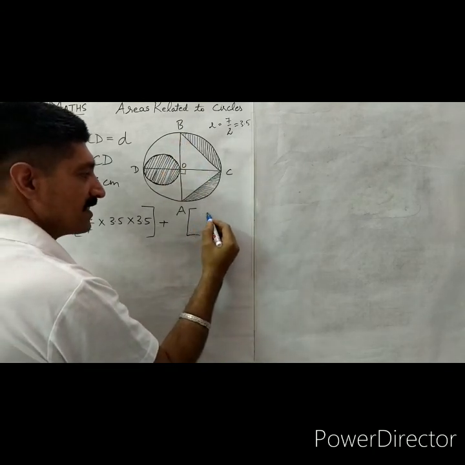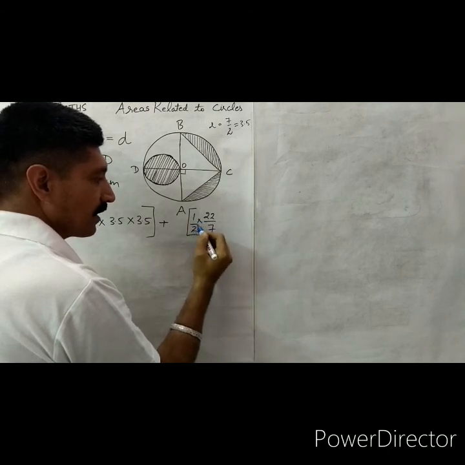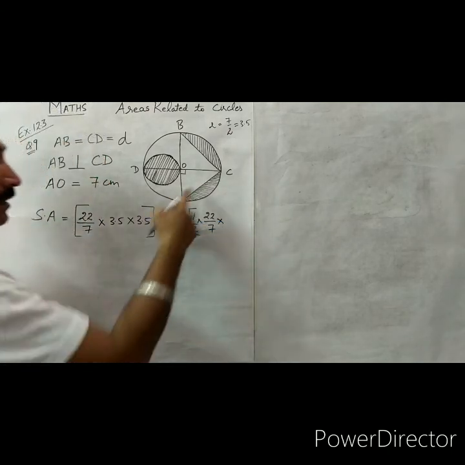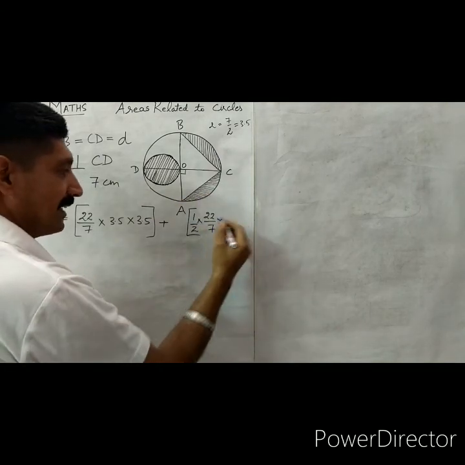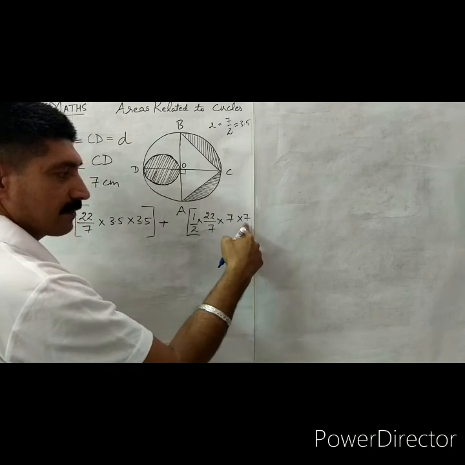Area of a semicircle is 22 upon 7, half of it, into the semicircle here, R is 7 into 7, pi r square.